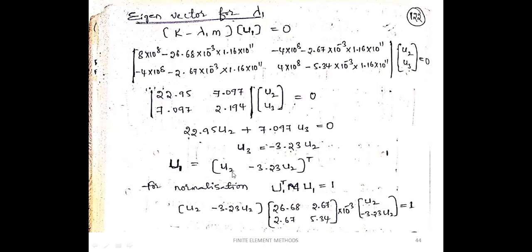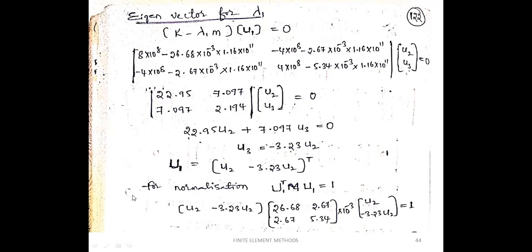The u3 can be written in terms of u2, that is equal to minus 3.23 into u2. So this is called the eigenvector at lambda 1, and the transpose is put down because it is always a column matrix.